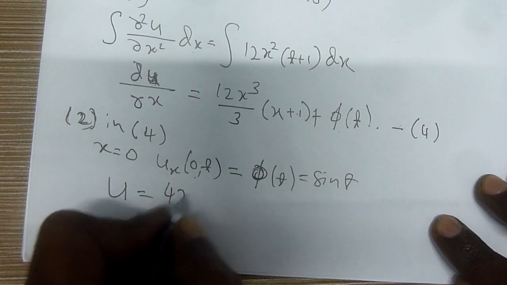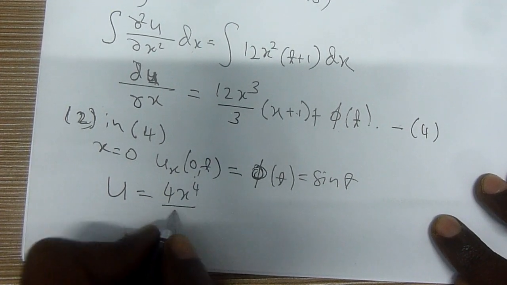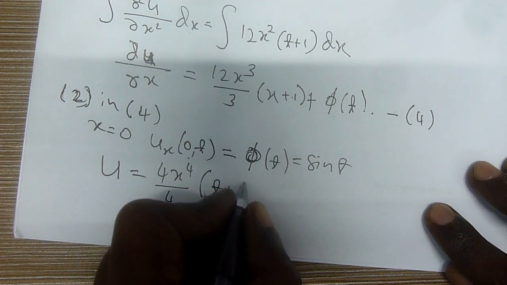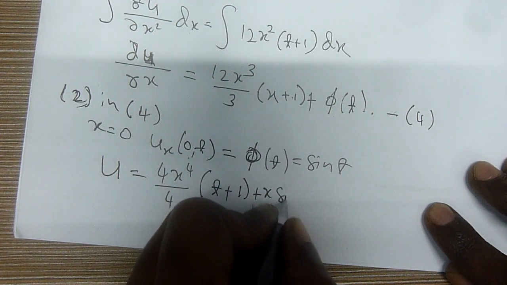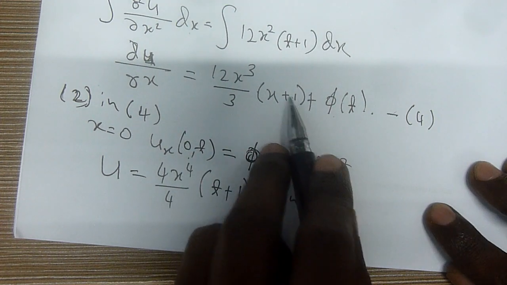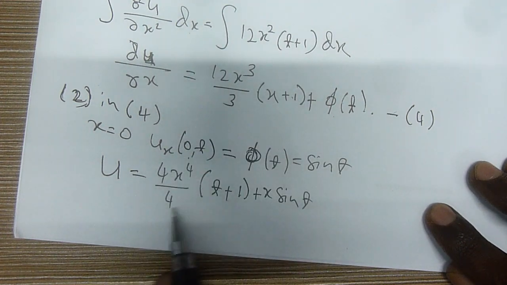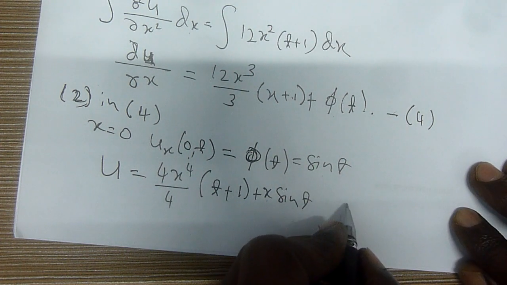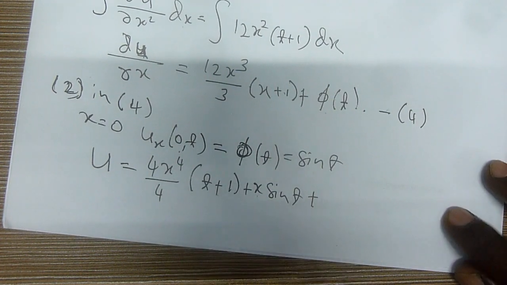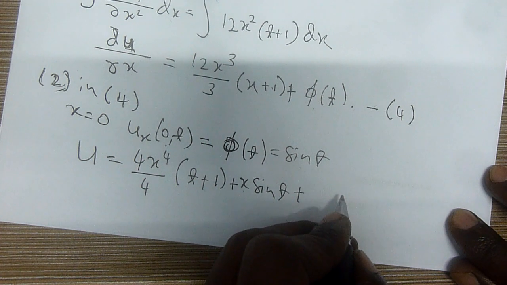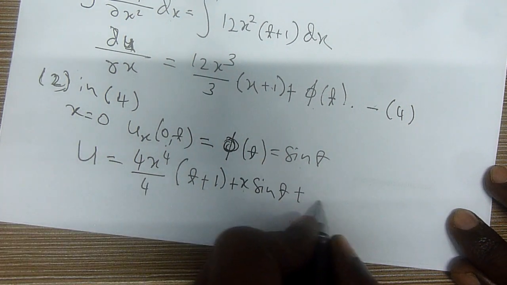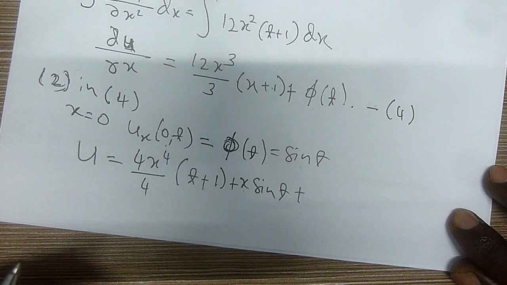When I solve this for u, I will get the integral of sin t, which is x sin t, plus what can I write here? Can I place a c here, a constant?